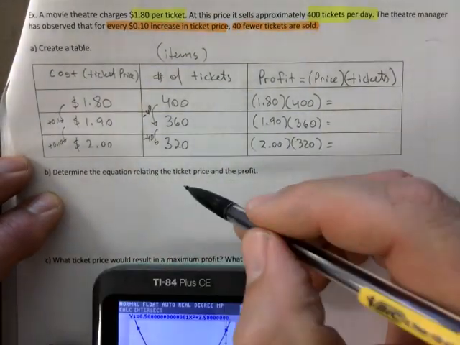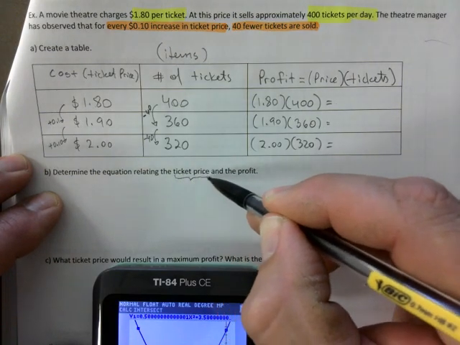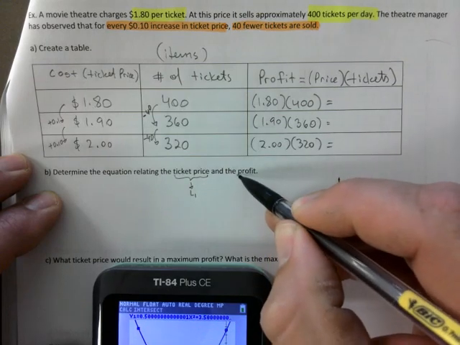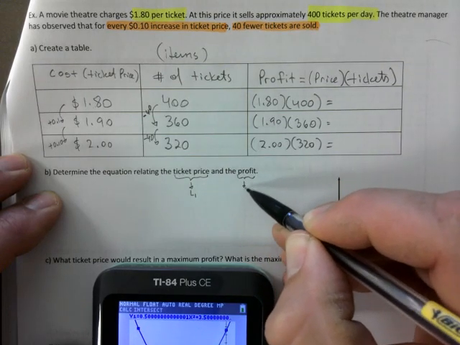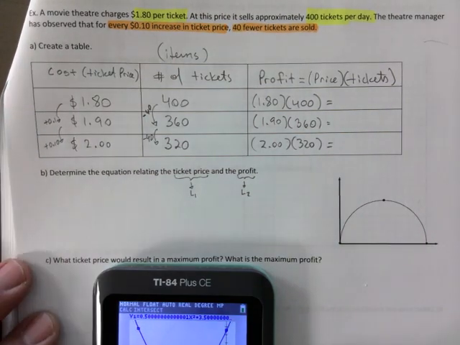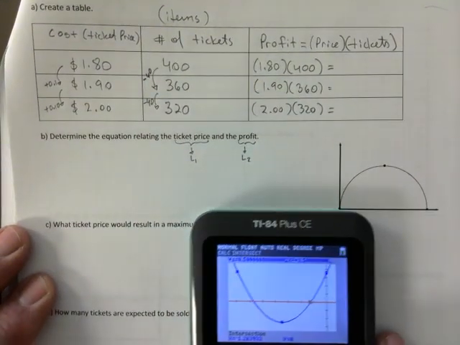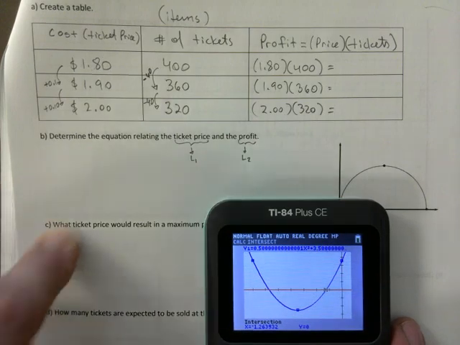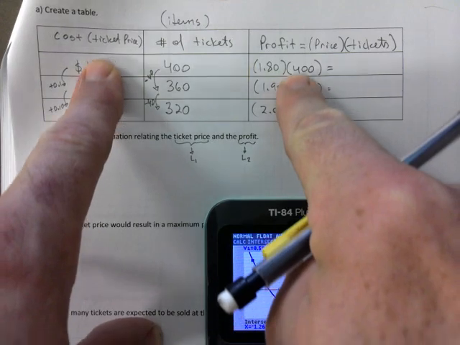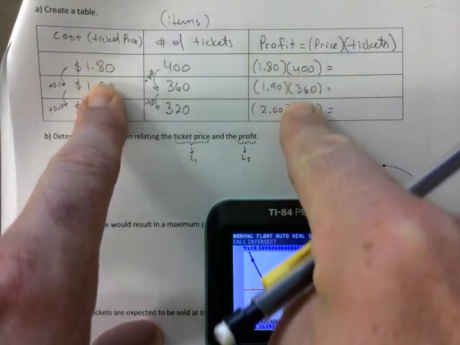So that means that the ticket price will go into L1, and the profit, as always, goes into L2. That's what that is asking you to do. So this is the ticket price right here, and this is the profit.